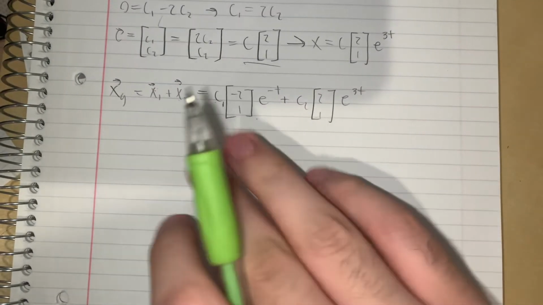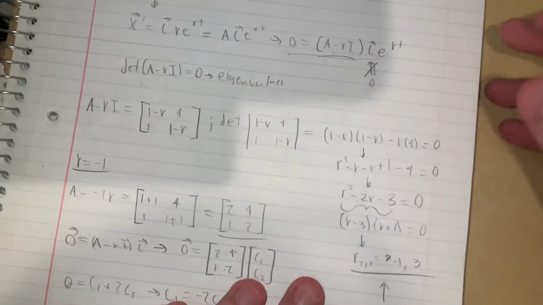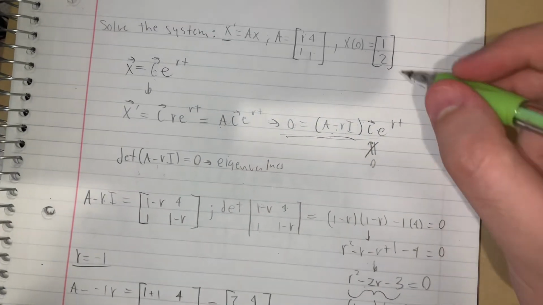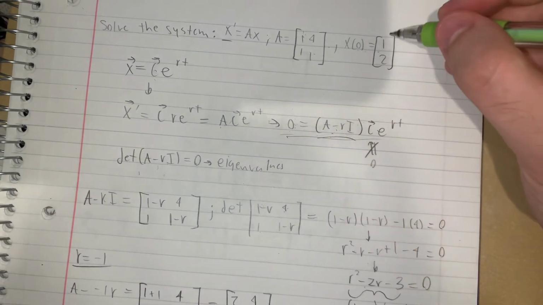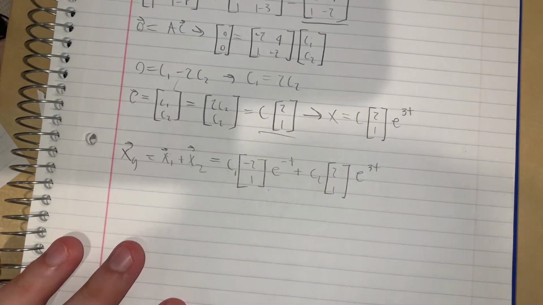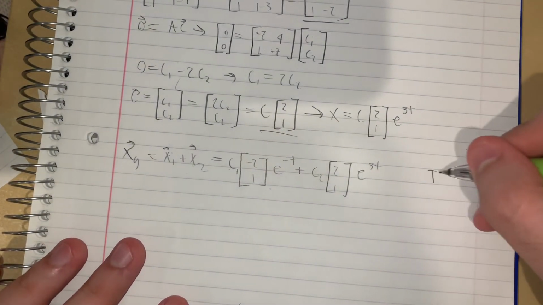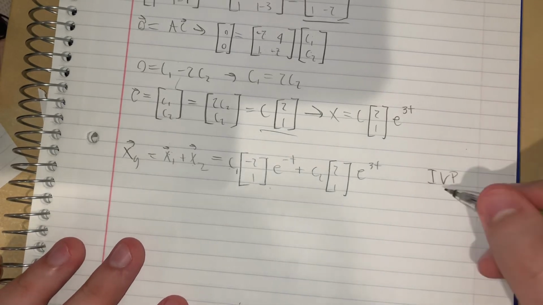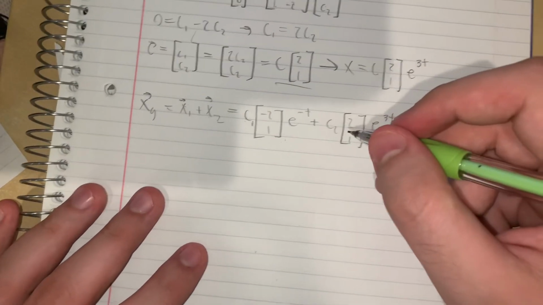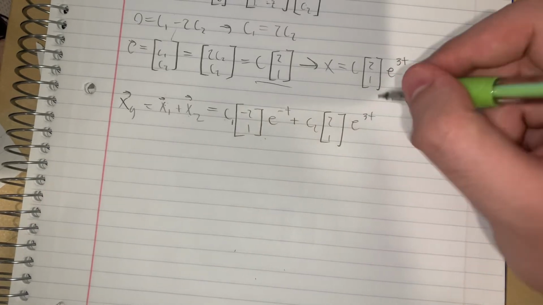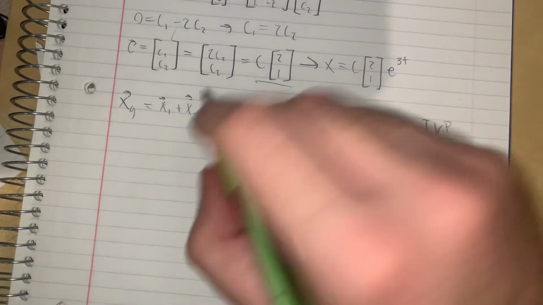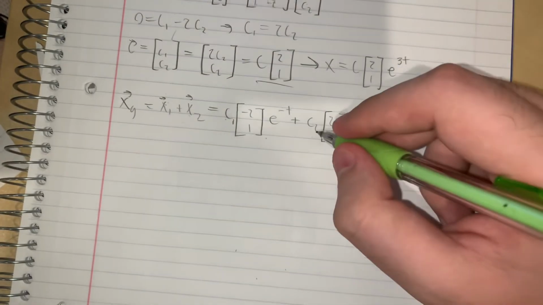In order to solve for C1 and C2, we'll have to look back here, and we'll notice that they gave us that x sub 0 is equal to 1, 2. Because of that initial value, this is an IVP, initial value problem, we can plug in the value x sub 0, where t is equal to 0, and 1, 2 into this equation.